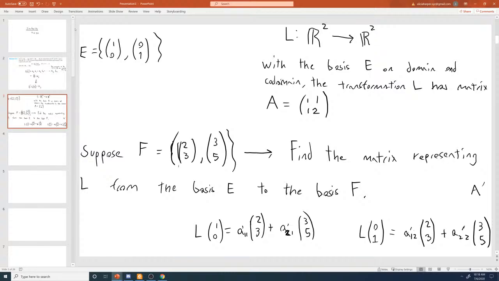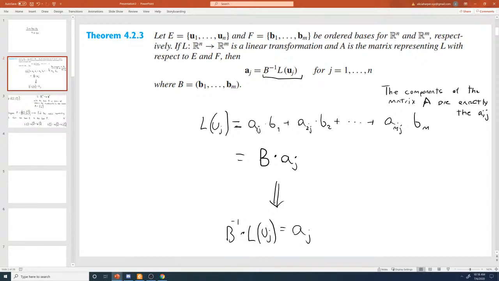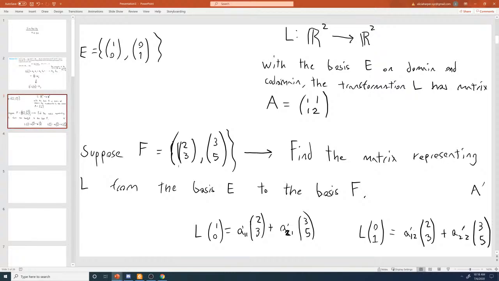So, in order to do this, we can follow the technique of theorem 4.23, which is we compute B inverse. Here, B is the matrix obtained by taking the first column as (2, 3) and the second column as (3, 5).